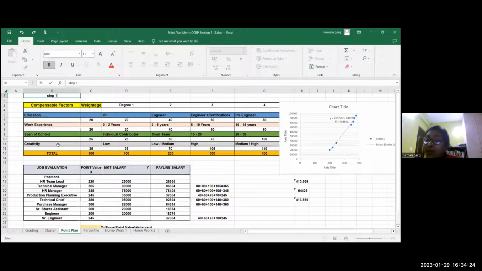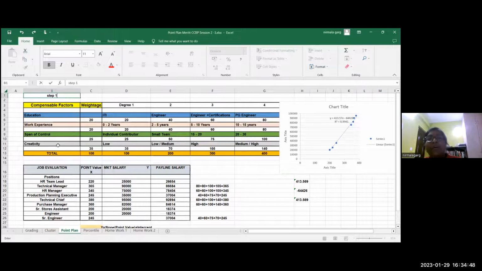Okay, so therefore in job grading, typically you will limit yourself to those very core compensable factors, or at best 5 or 6. You can have any number of grades, but you will typically have 4 or 5 compensable factors. But on the other side, in a point plan, you can have 10 or 15 compensable factors.